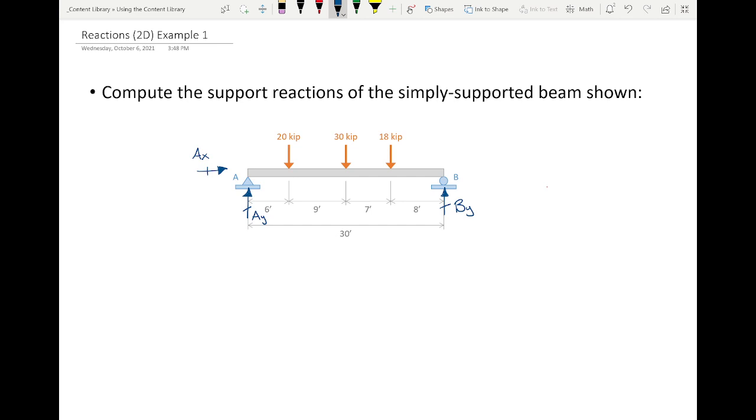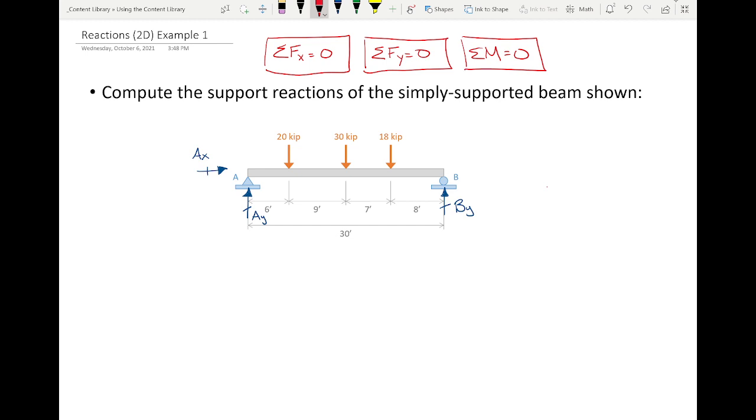I propose that we have 3 equations of equilibrium. The sum of forces in the x direction must be 0. The sum of forces in the y direction must be 0. And to keep it simple, I'm just going to say the sum of moments must be 0. Okay. How many equations do I have? 3.